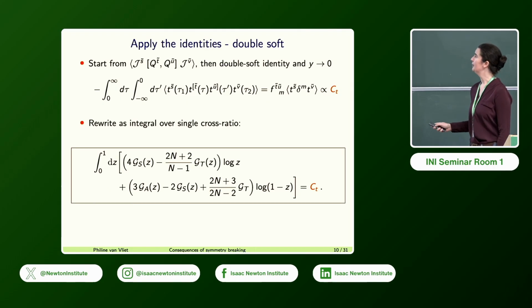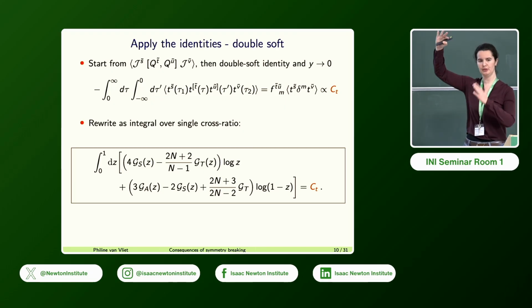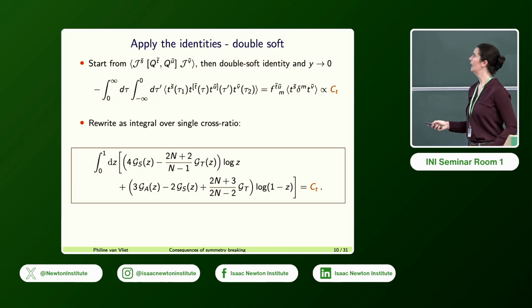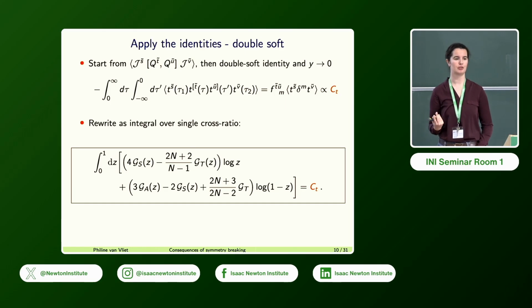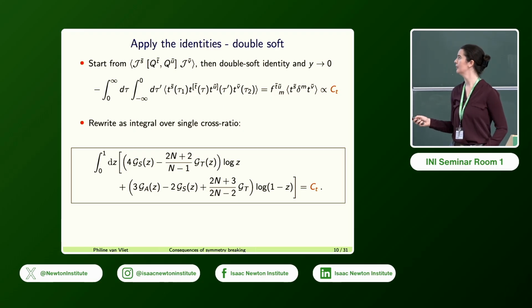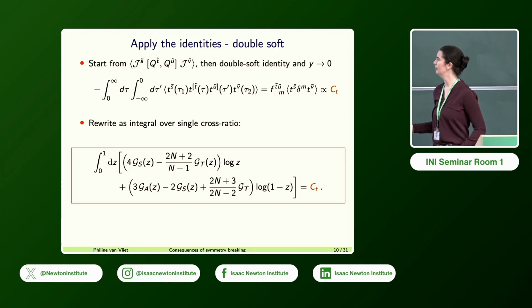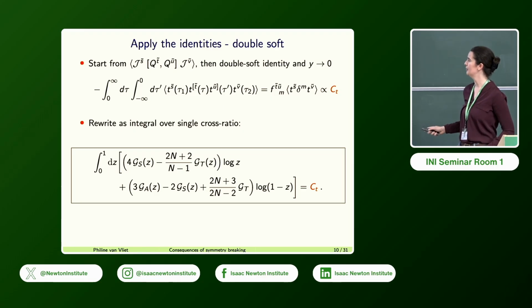Now, we see here that we have this double integral because we needed to go to the top and to the bottom. But we know that this four-point function is just a function of a single cross ratio, so we can rewrite this integral in terms of this cross ratio, and we find this very nice formula that now contains some log of z and log of 1 minus z.